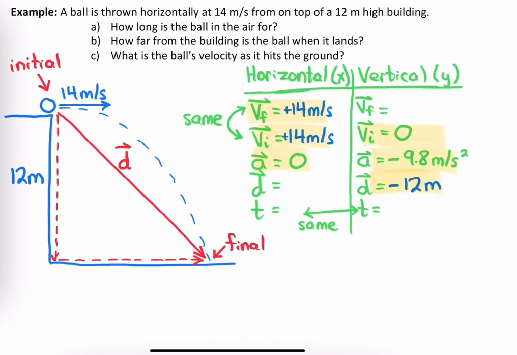The equation I end up using might be a bit different in each situation, but it shouldn't be a big deal. However, the horizontal side would actually be a bad choice at this point in the game. If you try to find an equation for this, you want an equation that has t, so I can find it, and it has to not have d. So you think maybe the first of the big 3, vf equals vi plus at.